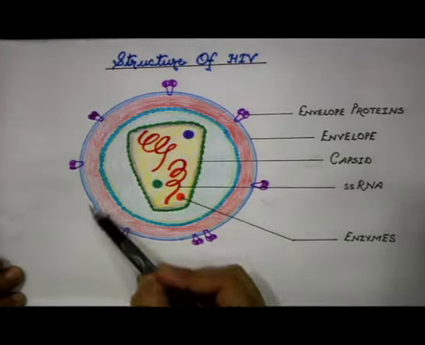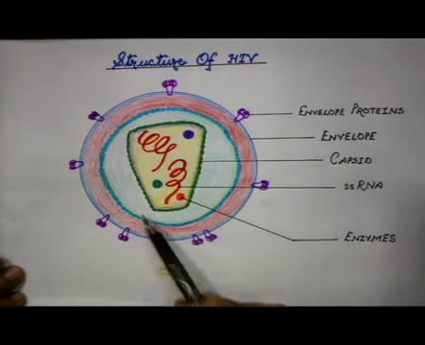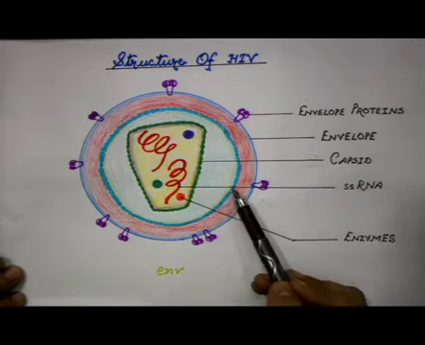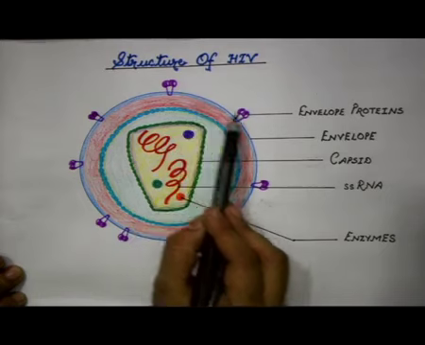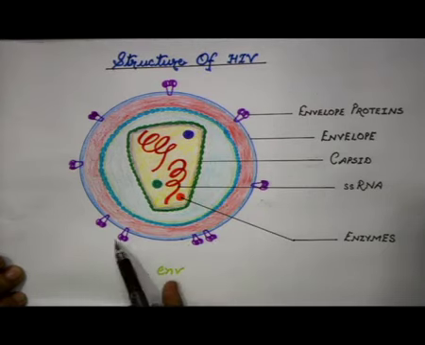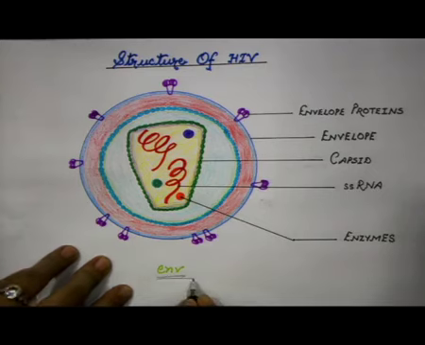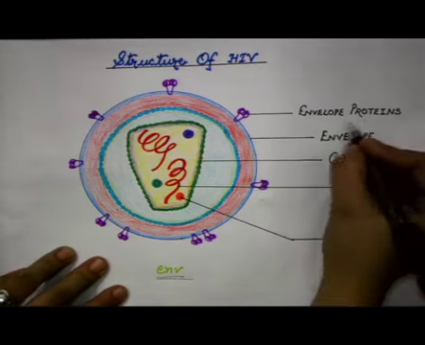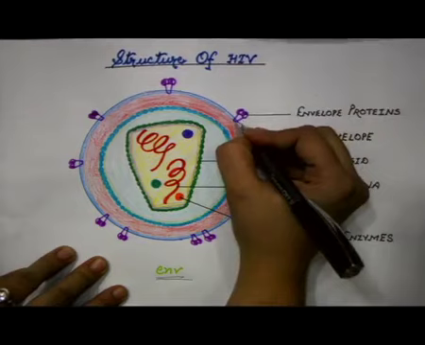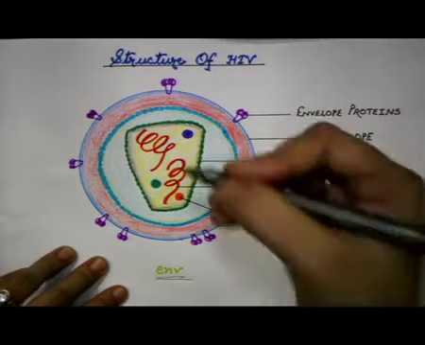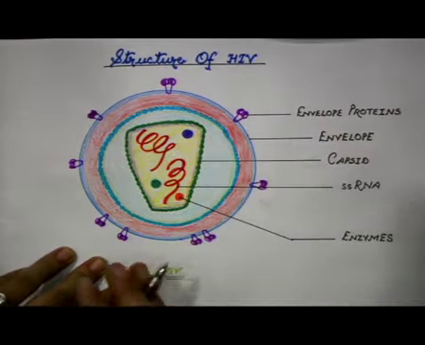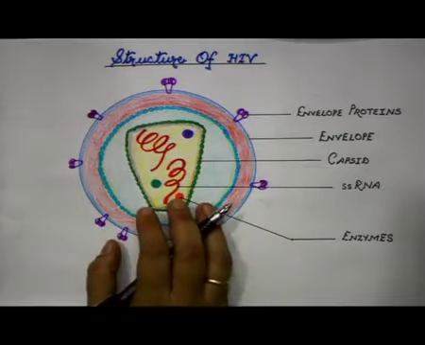Outside the capsid is the envelope. This envelope is made up of lipid bilayer taken from the human cells, and on this there are envelope proteins. Some of the envelope proteins which are coded by the ENV gene of the virus are helpful in attaching the virus particles to the target cells and also in fusing with the target cells.